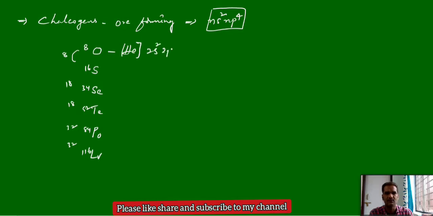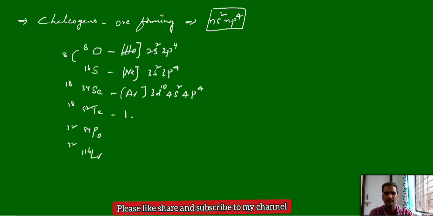Next sulfur: neon 3s2 3p4. Next selenium: argon 3d10, d orbital involvement will be there here, 4s2 4p4.